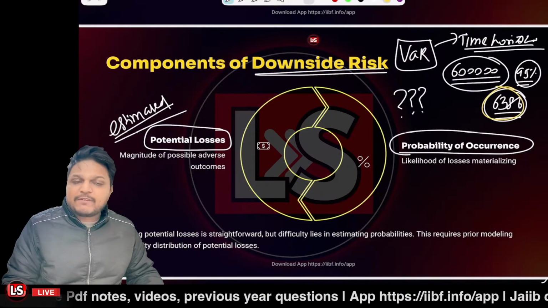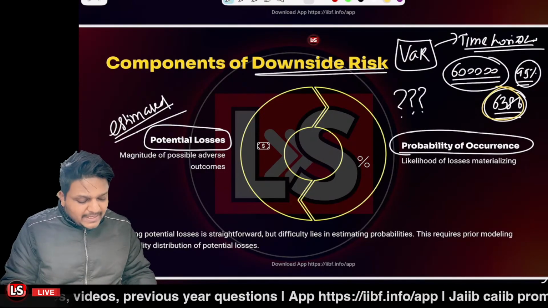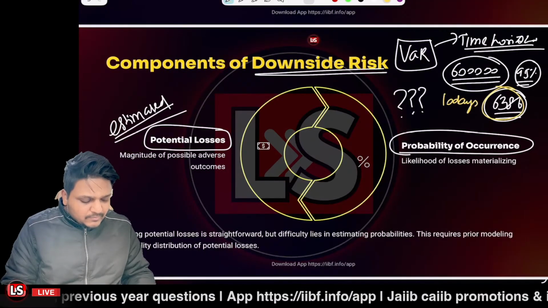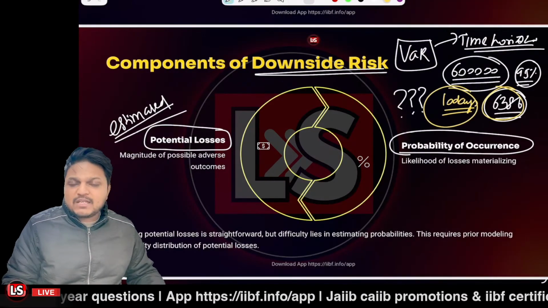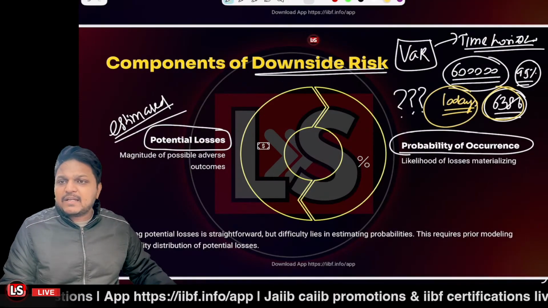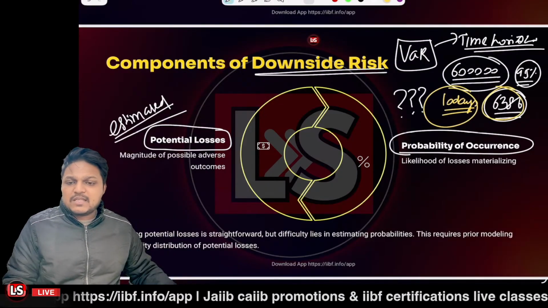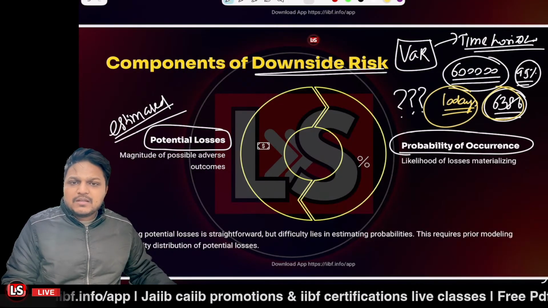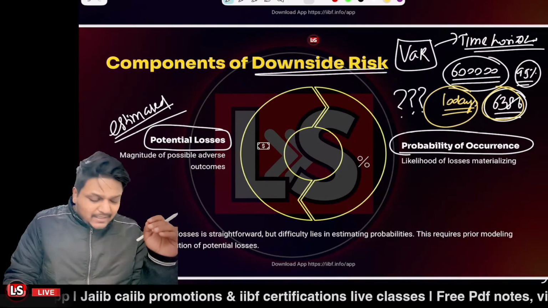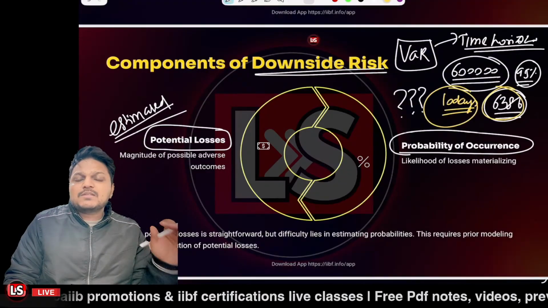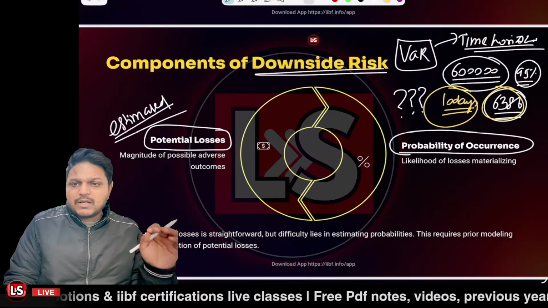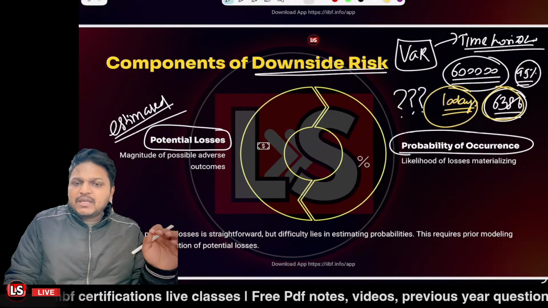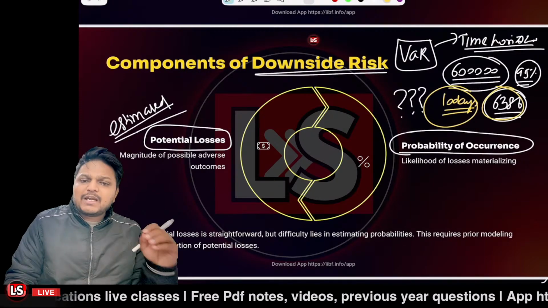It is 95% chances over the 10 days time horizon. Over the 10 days time horizon, if I calculated the VAR and it is found to be 6,386, what does this indicate? This simply indicates that in normal conditions, I'm not talking about the abnormal conditions, right? Under the VAR, we are going to go for the normal conditions only.